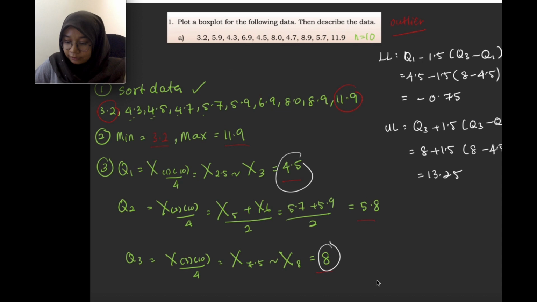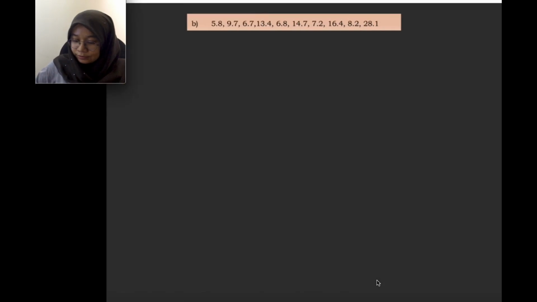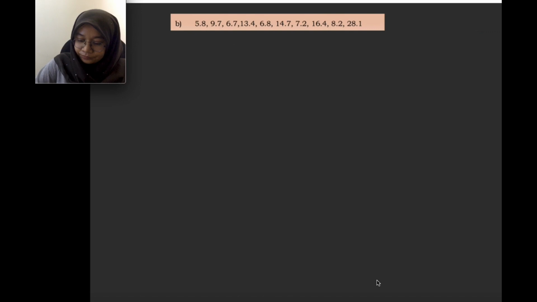So is there any outlier? You look at your data here. Is there any data less than negative 0.75? No. Is there any data greater than 13.25? No. So no outlier. Okay, so now we want to draw our box plot. Ignore this one.